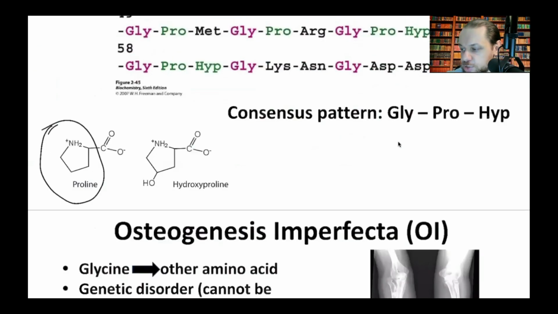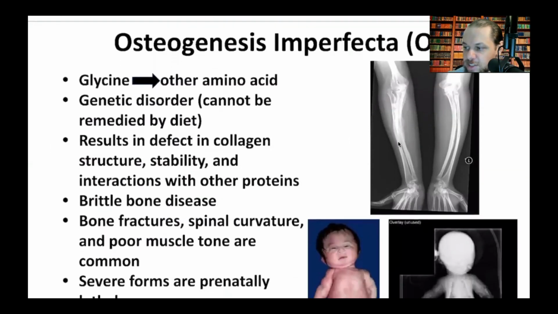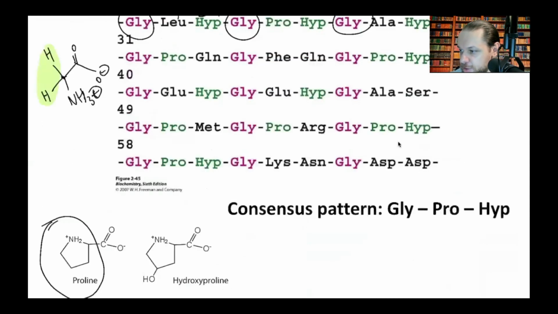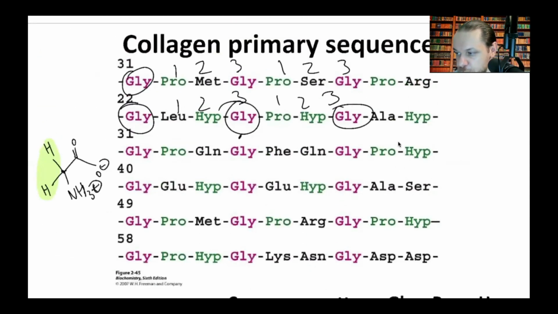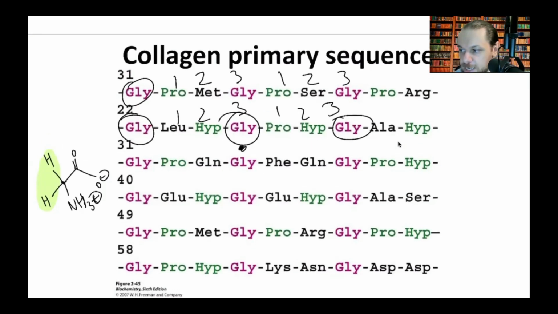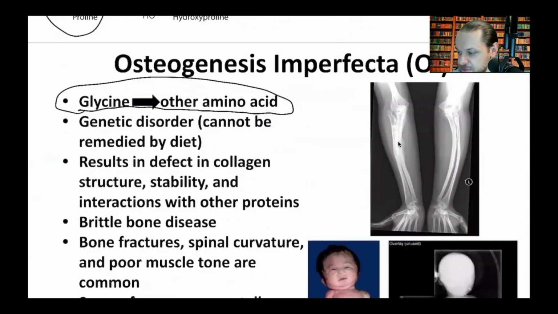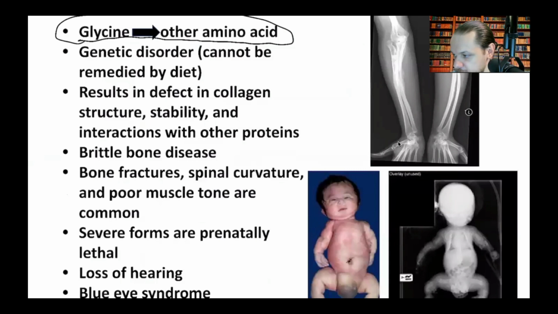The problem with osteogenesis imperfecta is that the glycine in every third position has been mutated by a genetic disorder, so that there's some other amino acid, maybe histidine, glutamine, or anything else. So you no longer have this nice sequence, and they develop this disease process.